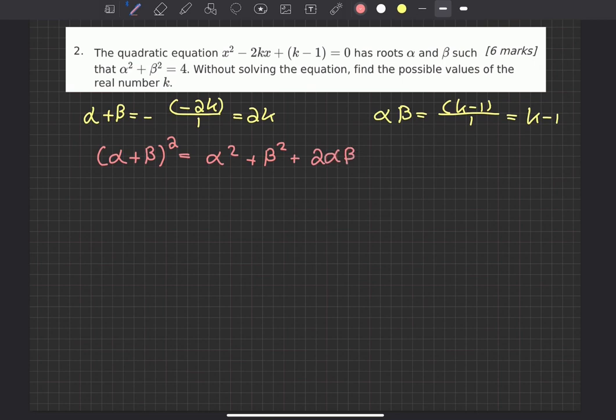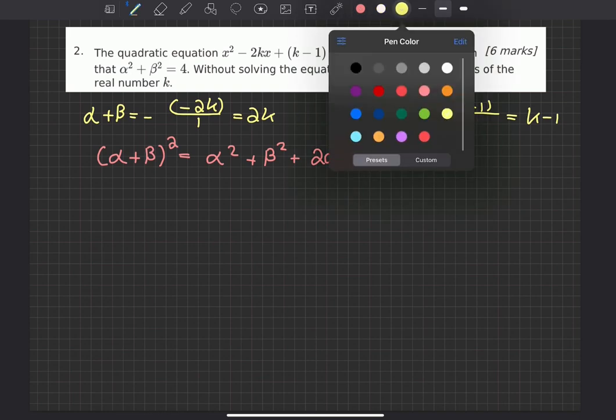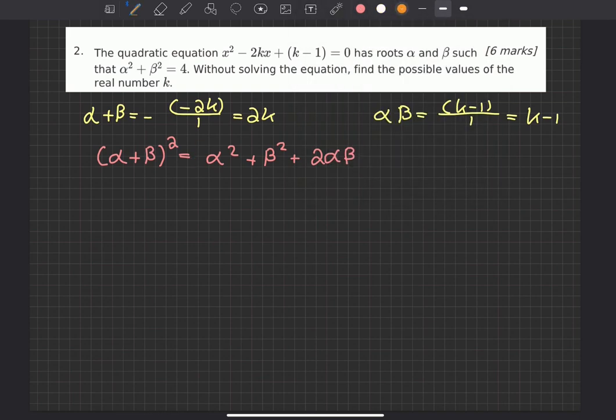Never forget the 2 alpha beta when you're expanding a binomial. What we can do now is, first of all, this alpha squared plus beta squared here, we know that's 4. We also know that alpha plus beta is 2k. And we know that alpha beta is k minus 1.